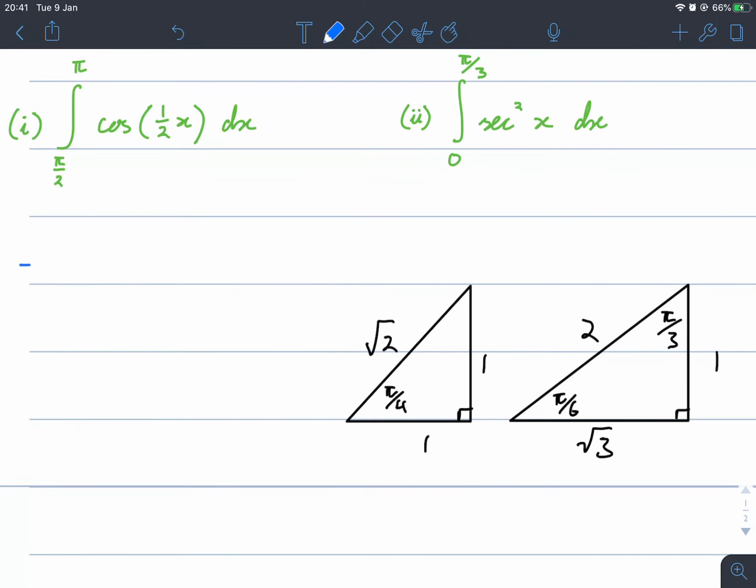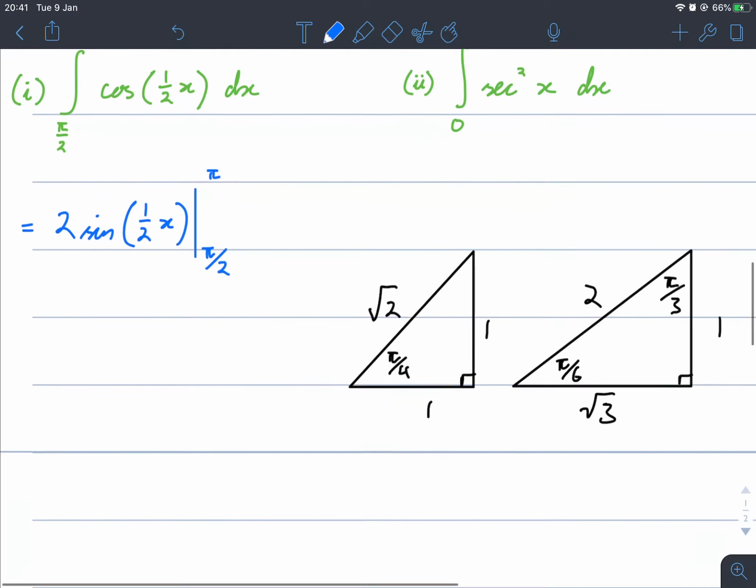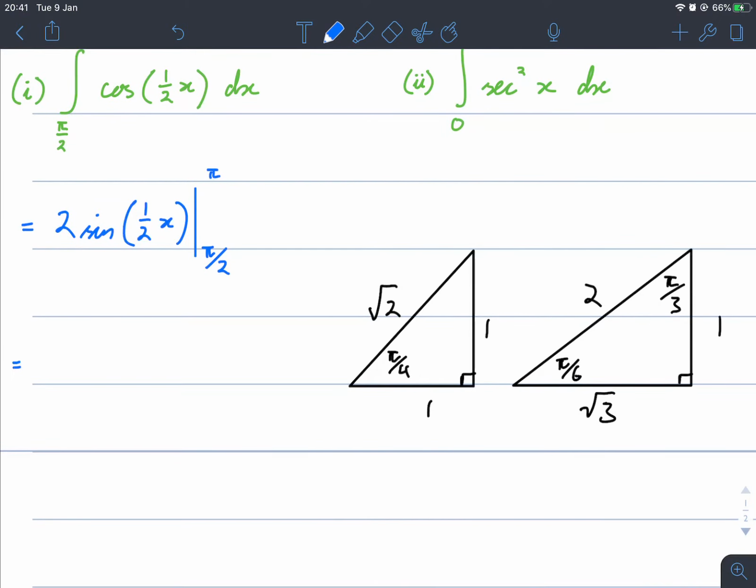First, let's integrate cosine of half x. The integral of cos is just sine half x. But if we divide by the coefficient, 1 divided by 1/2 is 2. We're going to be substituting from 0 to pi on 2. Let's substitute that. I'm going to take the factor of 2 on the outside, so it's 2 times everything.